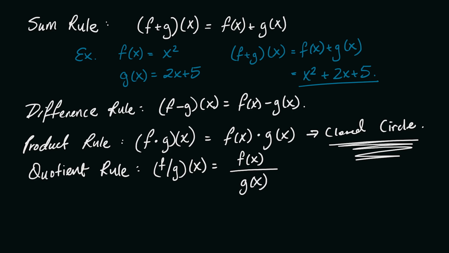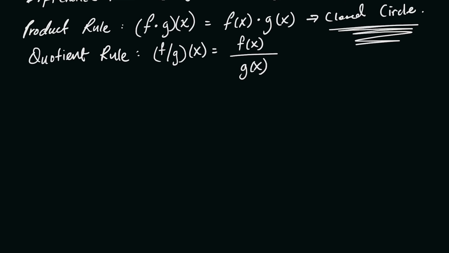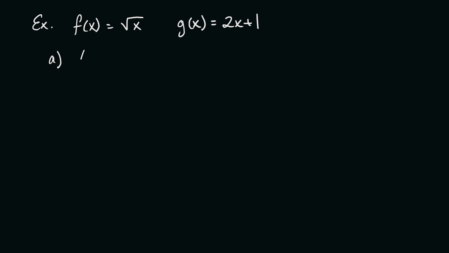All right. So now let's do an example, right? So based off the rules that you just looked at, as our example, f(x) is equal to the square root of x, and g(x) is equal to 2x + 1, right? So we're going to evaluate these expressions based off of these rules that we just figured out. First one is (f + g)(9), right?